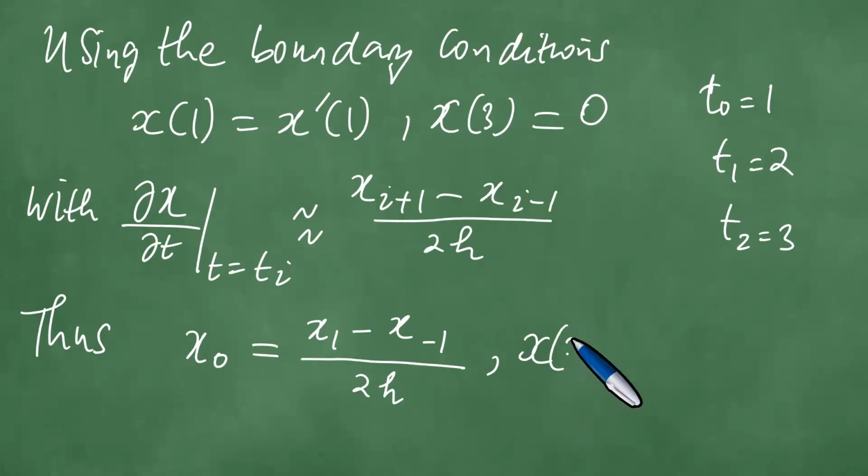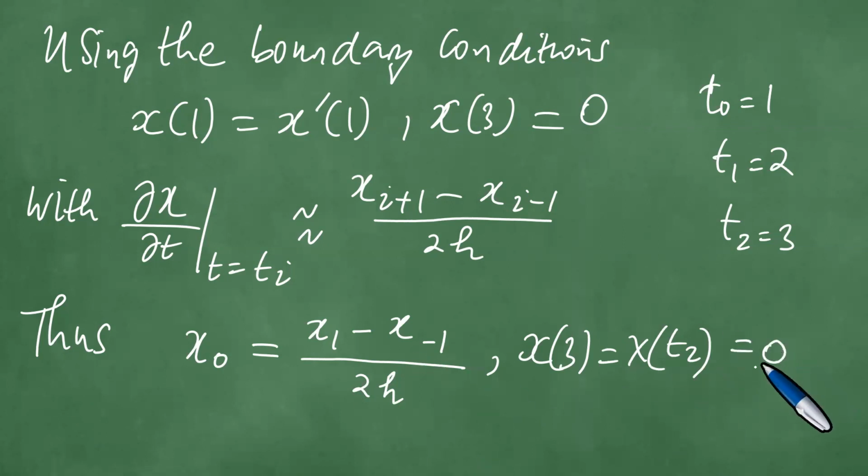Right, so here you still have x3 equals 0, but you can write it as x3 is x of t2, and this x of t2 is what is equal to 0, like so. So we continue.